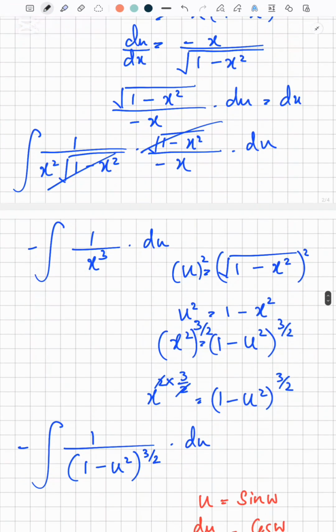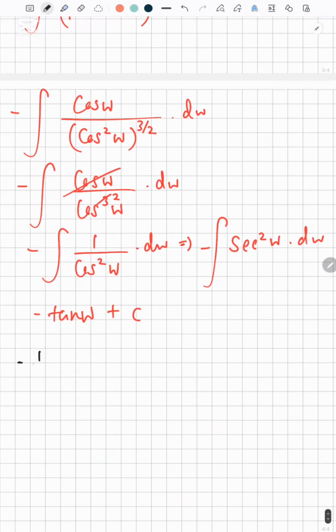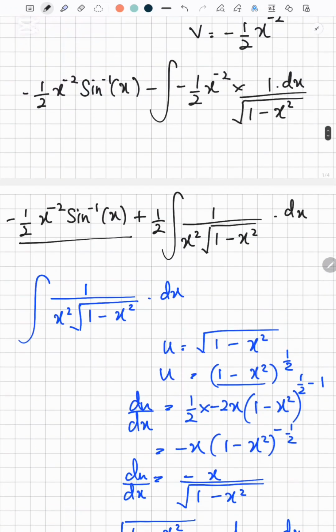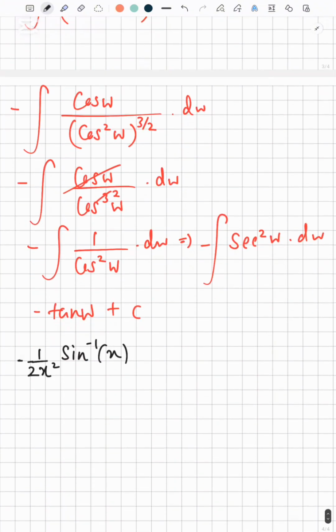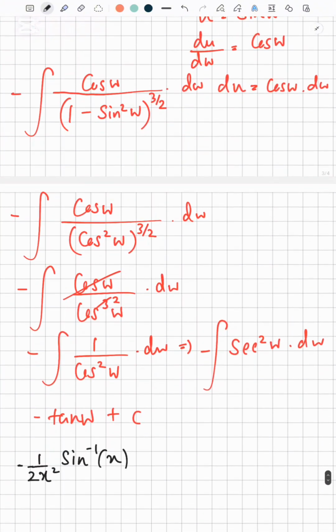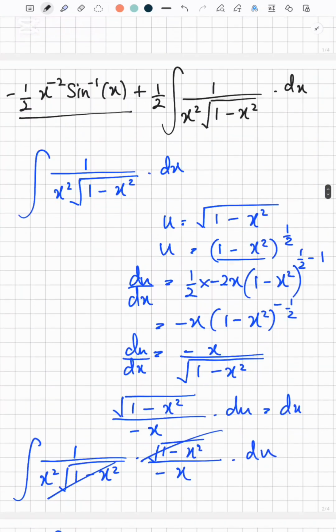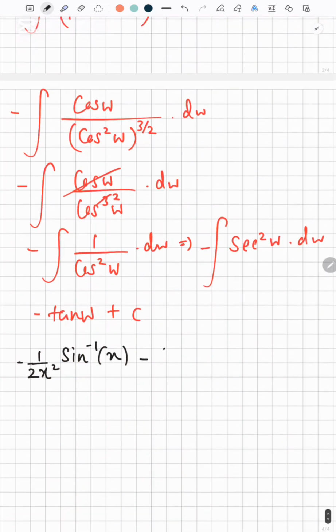So we had minus half x squared into sine inverse x, because it's x to the power minus 2, so you can take it down. Just took it down, sine inverse, minus half tan w plus c.